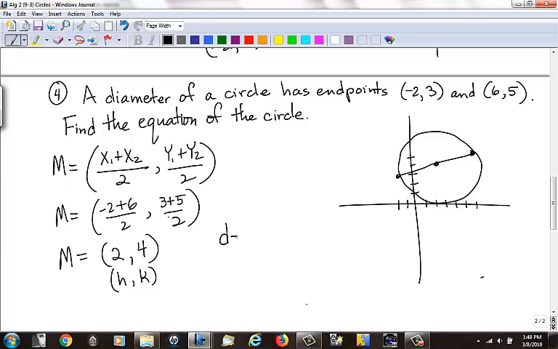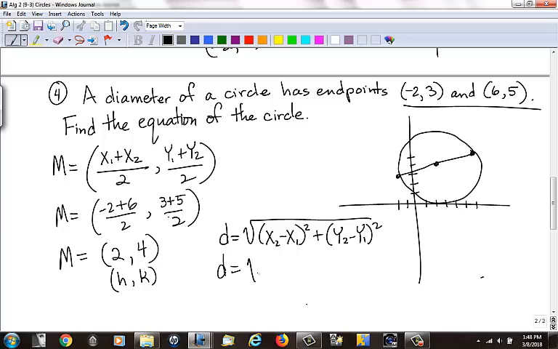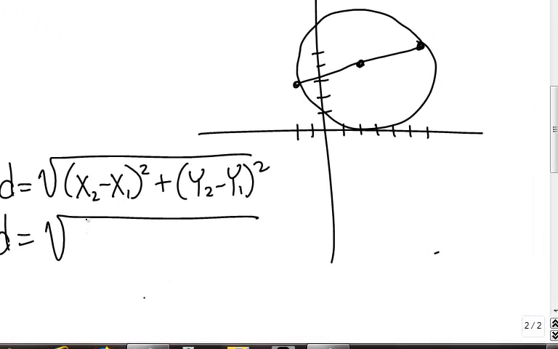Okay, so formula for distance. Quantity squared. Yep. I'm going to use these two ordered pairs up here. So take the x's. Let's do 6 minus a negative 2 squared plus 5 minus 3 squared.